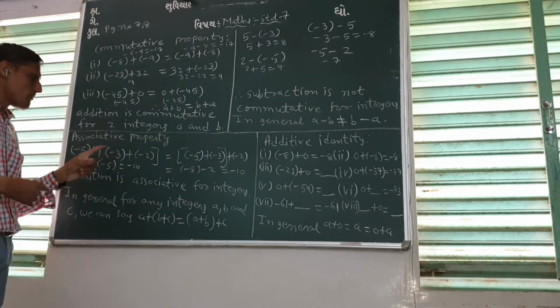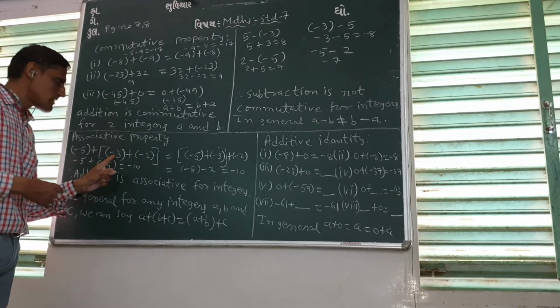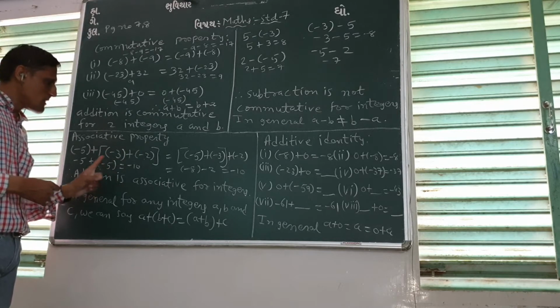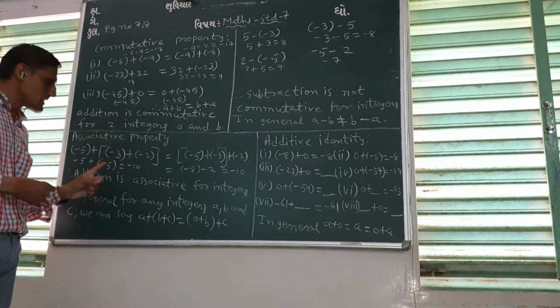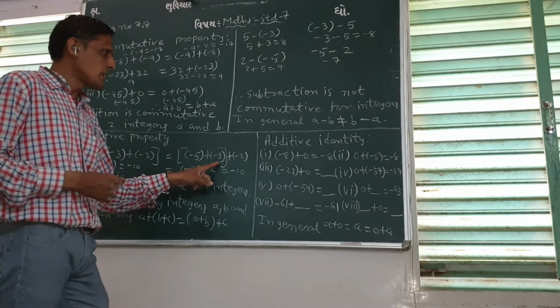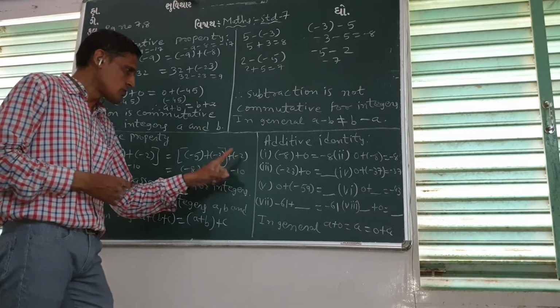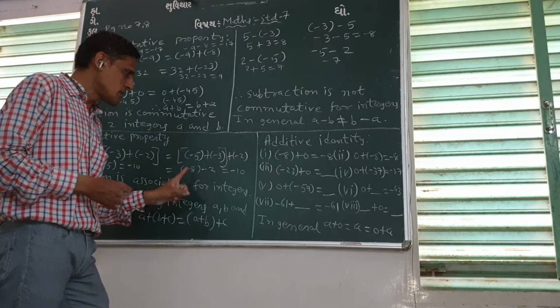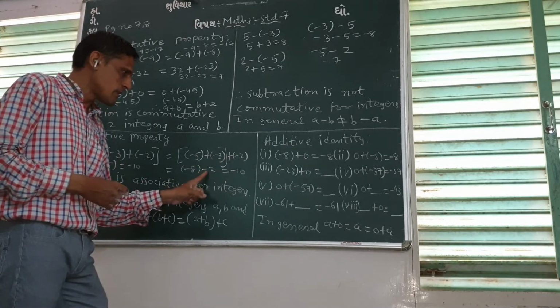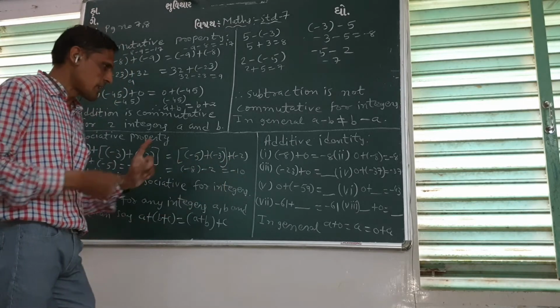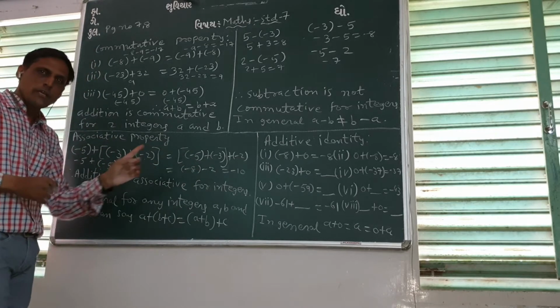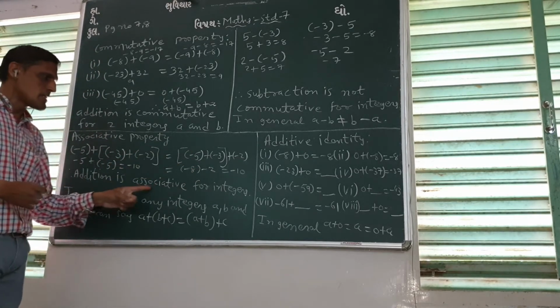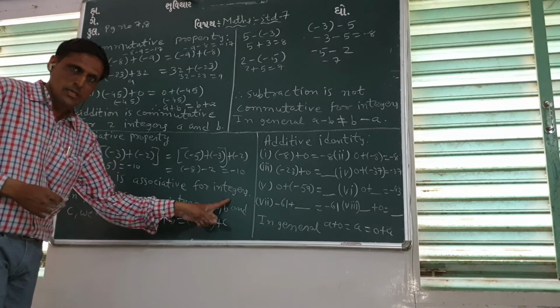So minus minus plus, and the sign of the bigger number is negative, so -5 and -5 is -10. Here -5 plus -3 is -8, plus -2, so -8 and -2 is -10. So both are equal, -10 and -10. So addition is associative for integers, right.